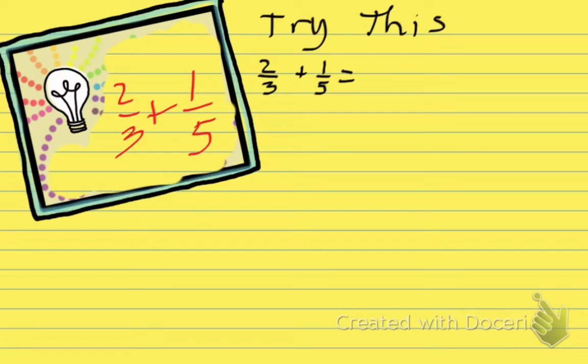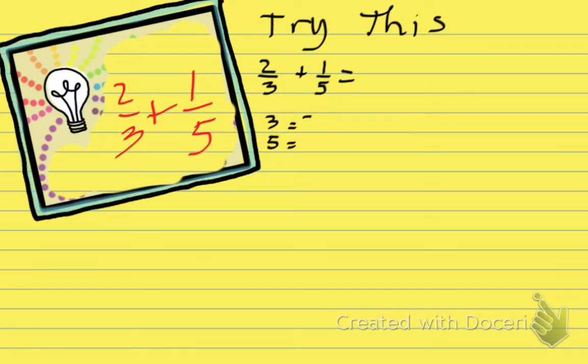Now let us try these fractions: 2/3 plus 1/5. Notice that we have different denominators, 3 and 5. To solve this, we will first get the common multiple of the fractions. So let's get the multiples of 3 and 5.